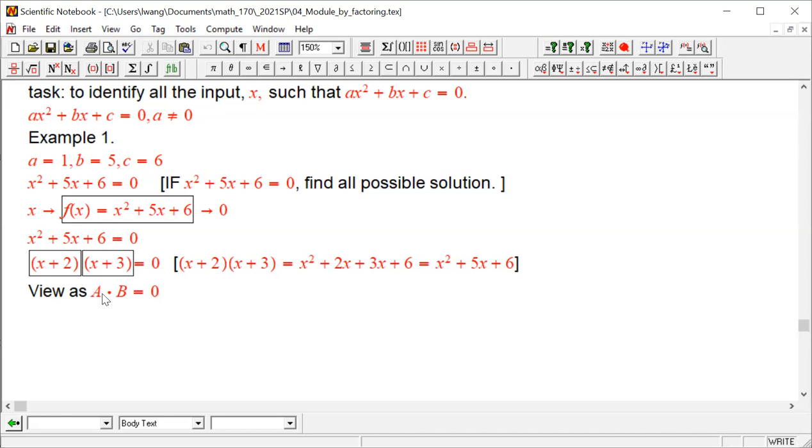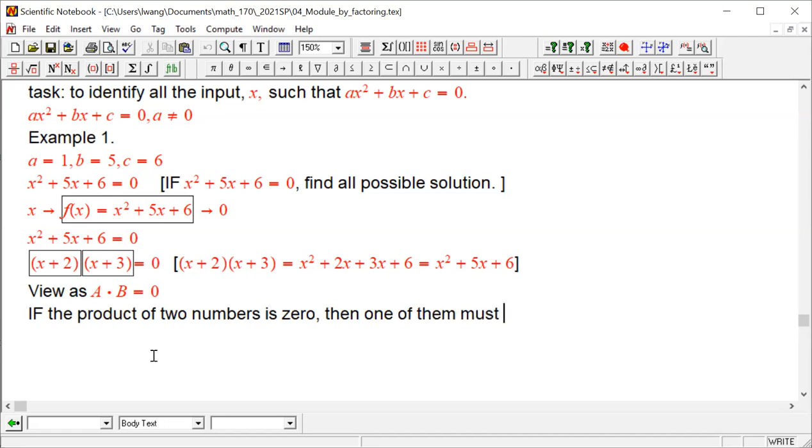If the product of two numbers is equal to 0, then one of them must be 0.